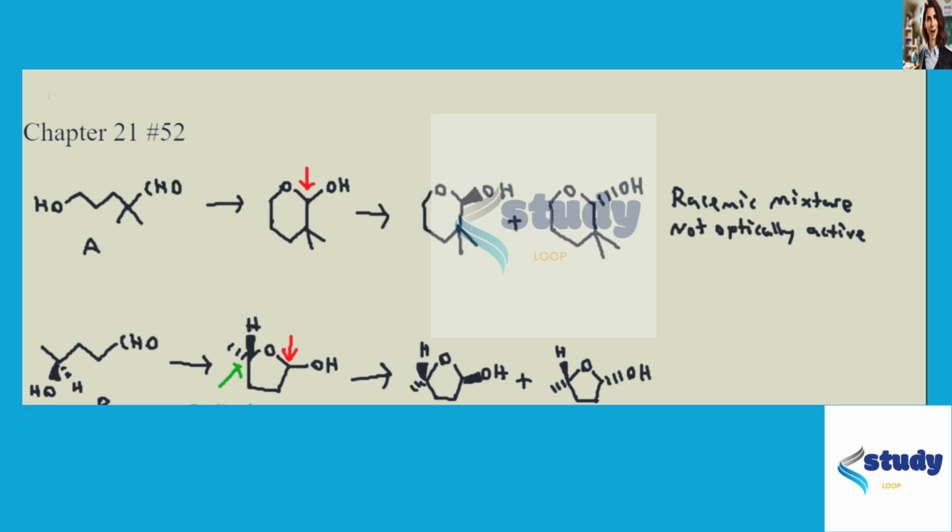And so they're not going to cancel out each other's rotation, as is the case in a racemic mixture. And so this is a mixture of diastereomers. And so this is optically active.